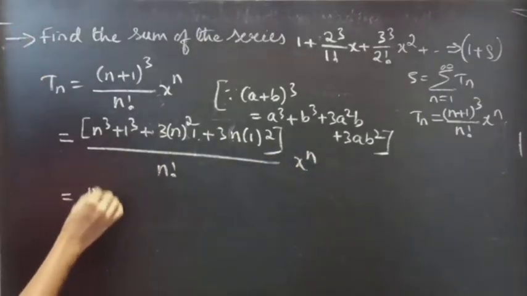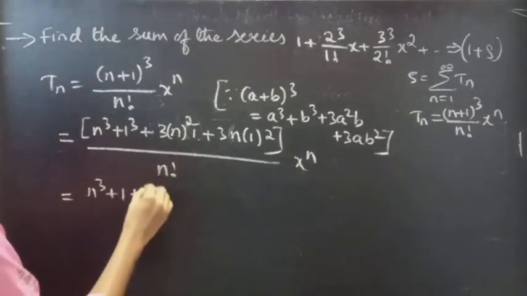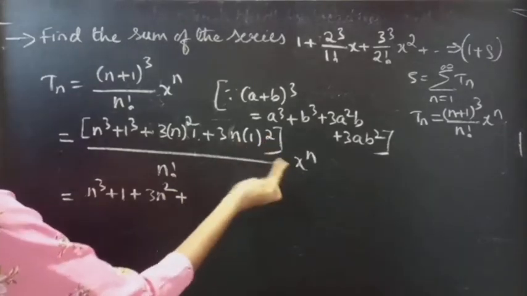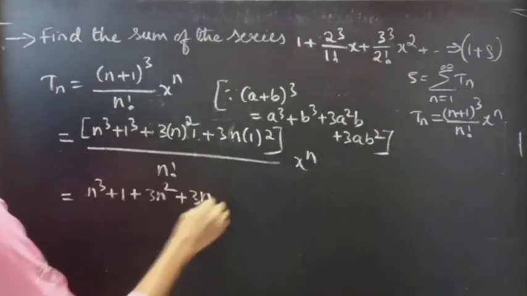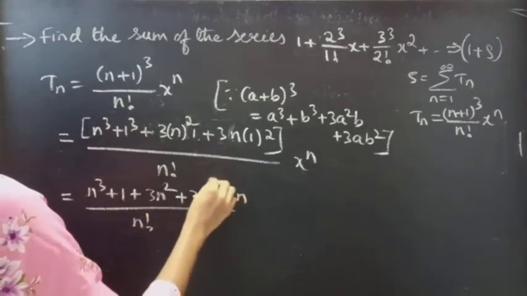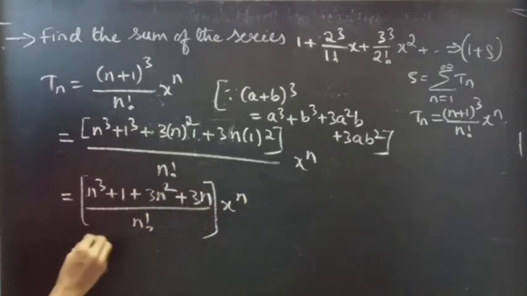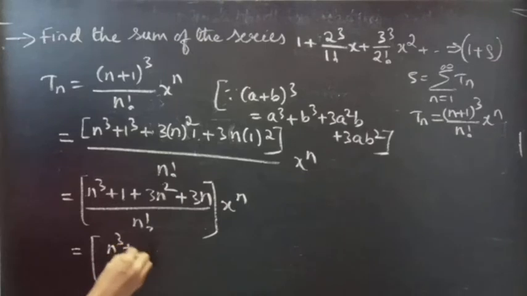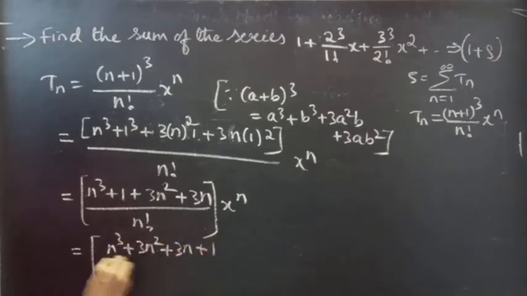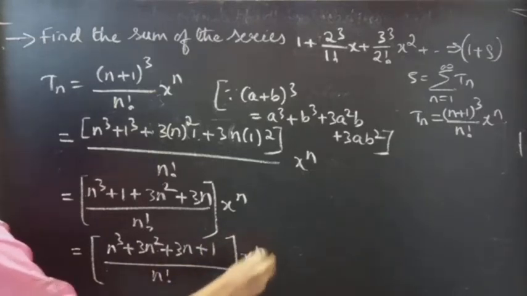This equals n cube plus 1 cube is 1, plus 3 into n square into 1 is 3n square, plus 3 into n into 1 square is 1, so you'll get 3n, by n factorial into x power n. Right? So again you can write this as n cube plus 3n square plus 3n plus 1 by n factorial into x power n.